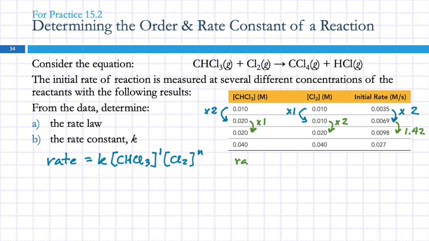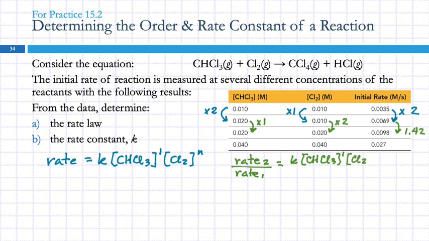So rate 2 over rate 1 is equal to the rate constant times the first concentration. And here we did determine that that was 1, so we can put that in there.